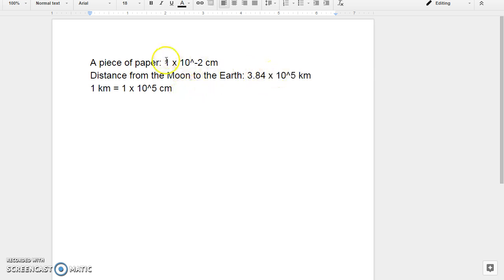So finally we will convert the centimeters to kilometers by taking this divided by this.